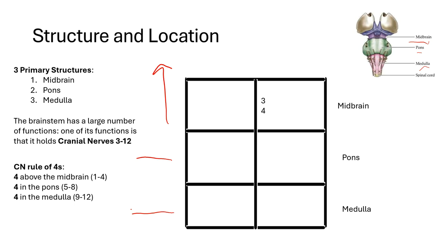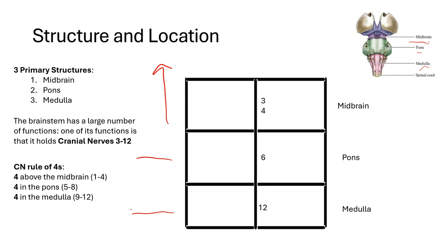In the pons, we have 5, 6, 7, and 8, the next 4. Out of those 4, only cranial nerve 6 divides cleanly into the number 12 and is thus medial. In the medulla, 9, 10, 11, and 12, the last 4, only the number 12 divides into itself, and that is thus located in the medial aspect of the medulla.